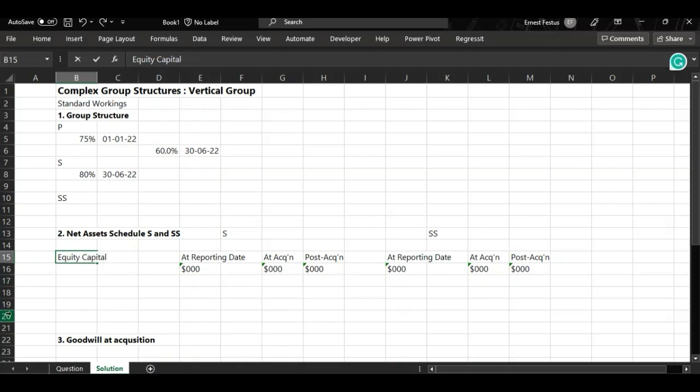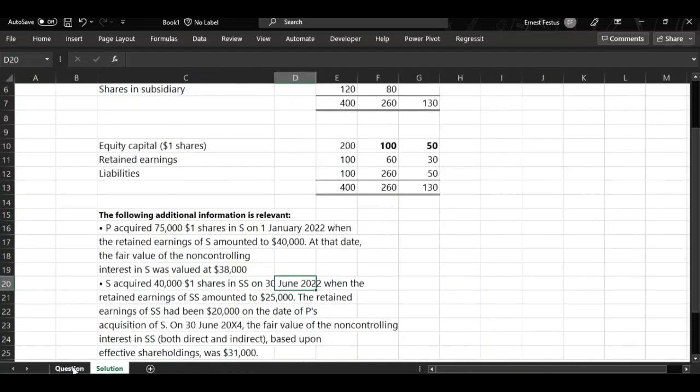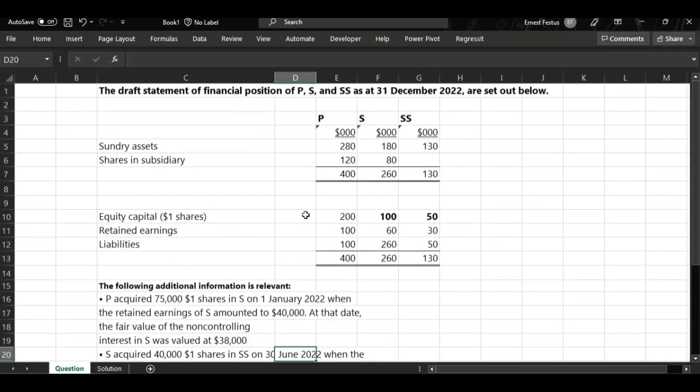Now the equity capital at reporting date can be found on the statement of financial position, and here for S is 100 and for SS is 50.